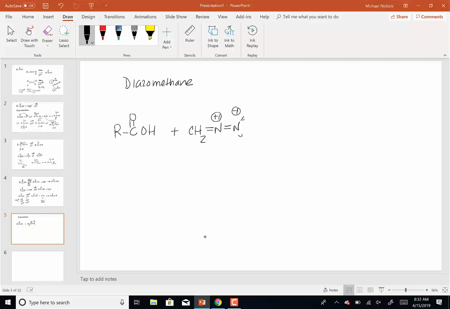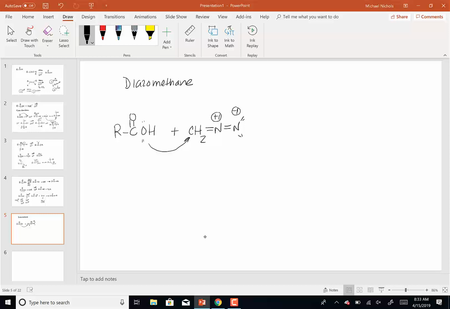But what we can actually do is rearrange this molecule. So basically what's going to happen is that your oxygen here is going to come in and add to the carbon, and actually the hydrogen is going to add as well.